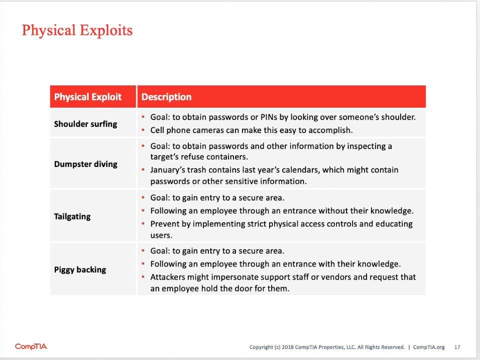Shoulder surfing is an attack where the goal is basically just to look over somebody's shoulder as somebody enters their information, their password, their PIN. This is actually really easy to do now because we all have cellular phones which are able to zoom in, right? There is now a Galaxy S20 with a 10 times zoom, and boy, that thing can zoom in.